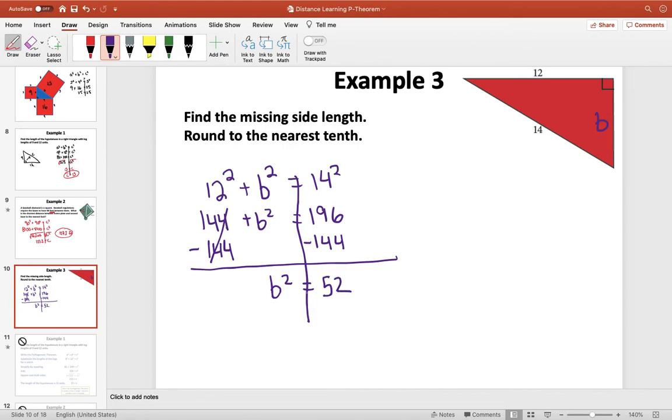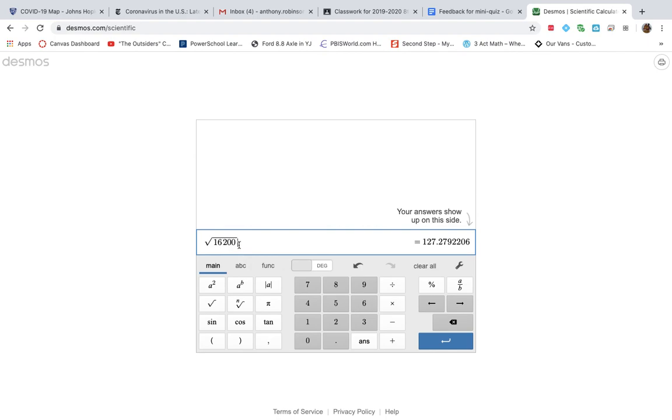Okay. So I know that the square root of 52 is going to be slightly greater than 7 because the square root of 49 is 7. I don't know the exact number, so once again I'm going to go ahead and switch over to Desmos. I'm going to click on this, and then I'm going to find out what the square root of 52 is. So the square root of 52 is approximately 7 and 2/10.